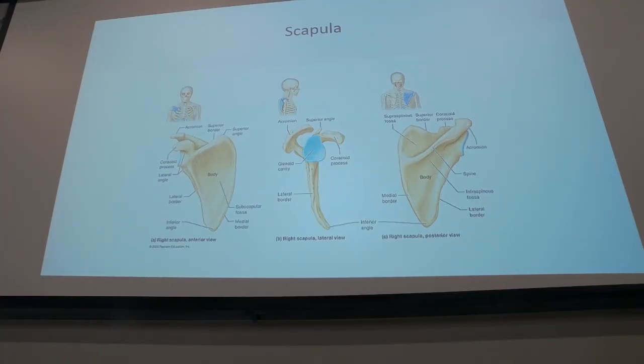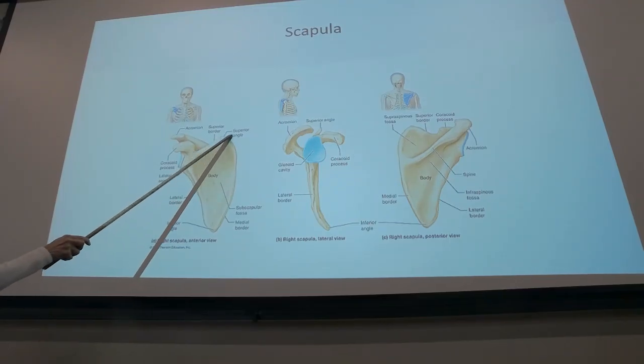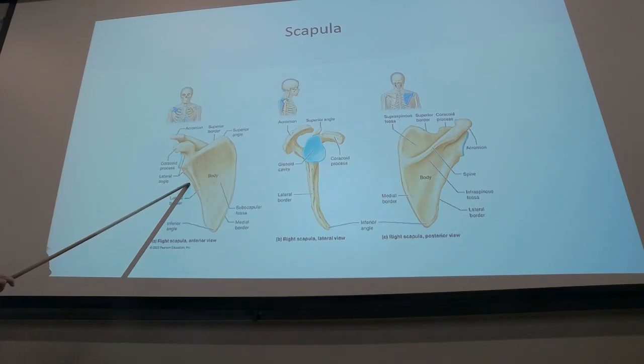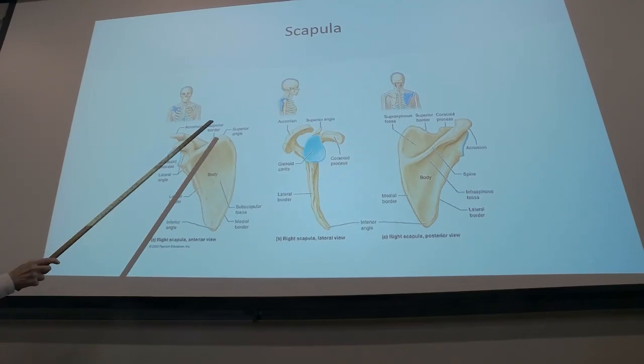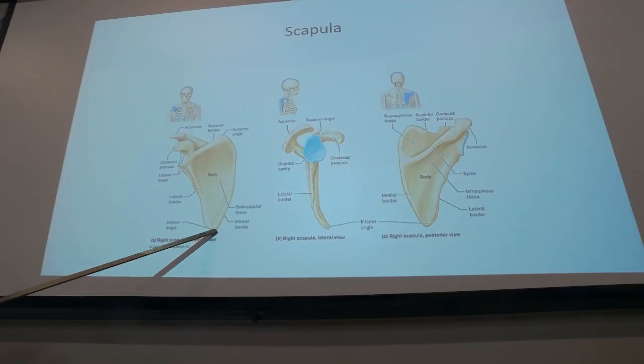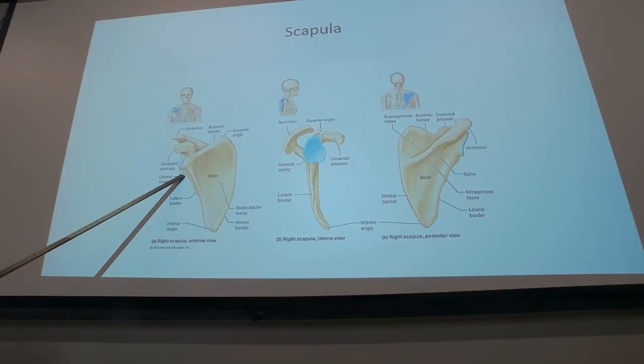Any questions about the scapula? So really quick, the parts of this will be superior border, medial border, which is convex, almost a straight border, lateral border. They end in angles, so this is superior angle, inferior angle, lateral angle.